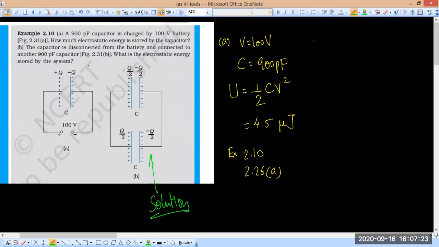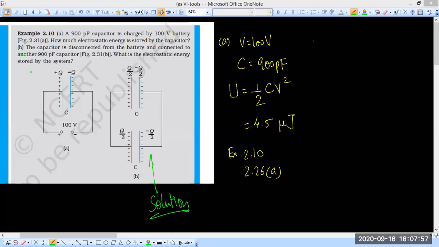So I'm going to read the question first of all. It says that a 900 pF capacitor is charged by a 100-volt battery. How much electrostatic energy is stored? Okay, that's done. The capacitor is disconnected from the battery and connected to another 900 pF capacitor.